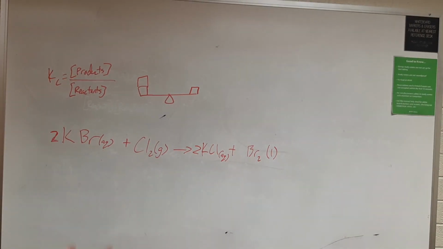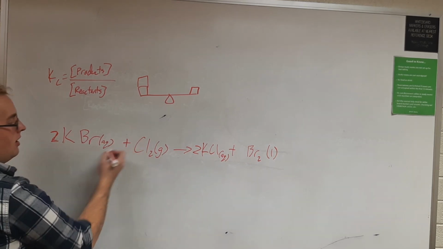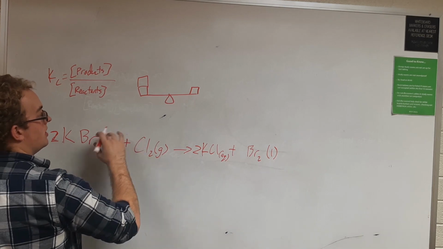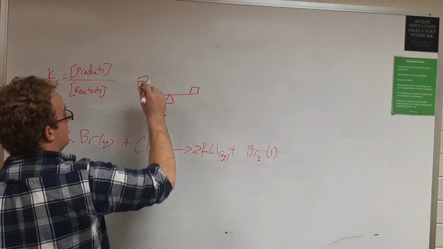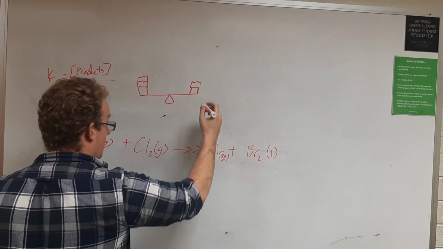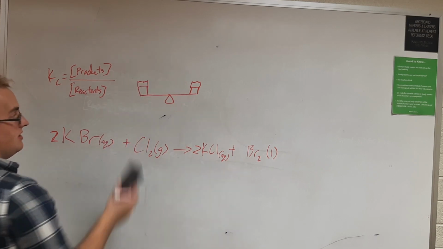So now that's unbalanced and the reaction doesn't really like that. It will push until it reaches equilibrium, which means it will convert some of our reactants over here to be products. So maybe they'll take about half of this new stuff we've added, add it over here, and now we've achieved balance.